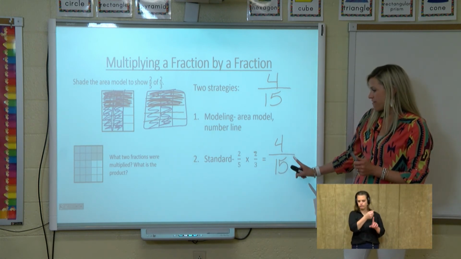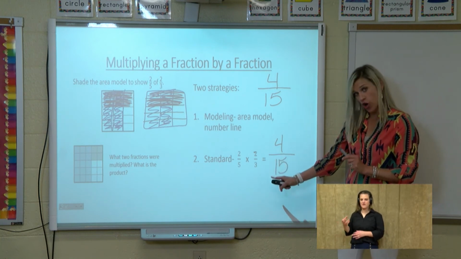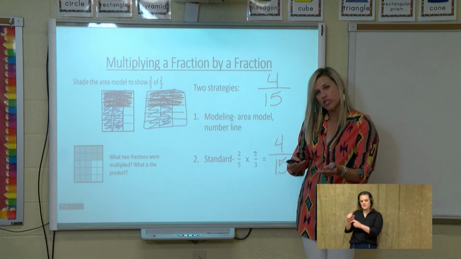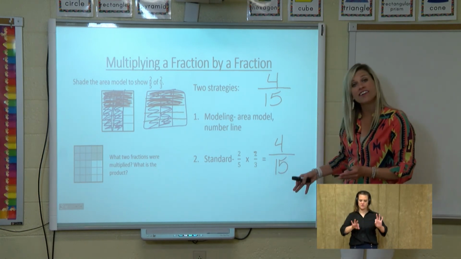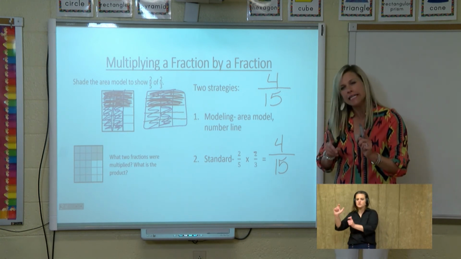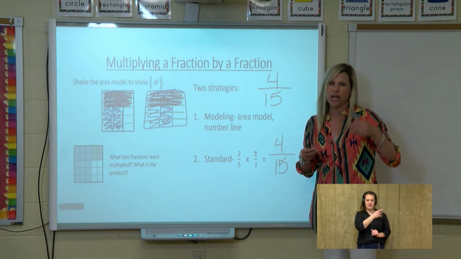Notice that 4/15 is much smaller than 2/3 and 2/5. When you multiply a fraction by a fraction, your product is going to be smaller than those 2 fractions, unless those 2 fractions are improper. They have a higher numerator than denominator.